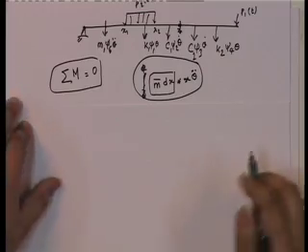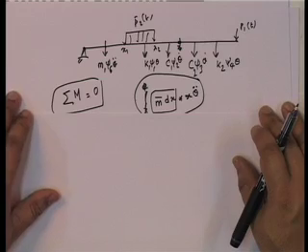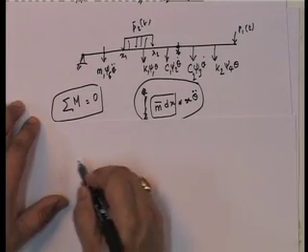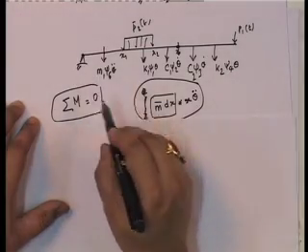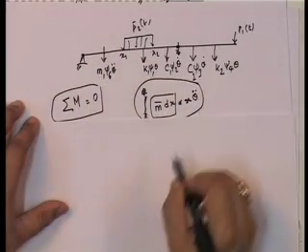So, I am going to take moments about this particular point, and I am going to keep this on the top and show it at the bottom here. These are the forces. I am going to take moment about the axis, and all of them are going to give you clockwise moments.